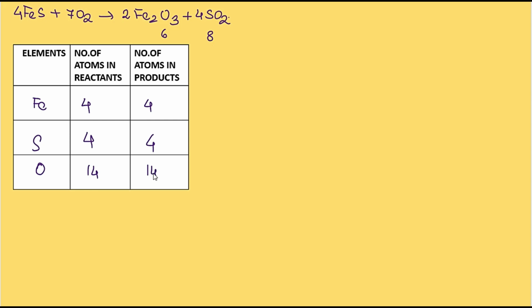Yes, it is completely balanced. All the elements are balanced. So we can write that 4FeS plus 7O2 gives twice Fe2O3 plus 4SO2 is the balanced chemical equation.